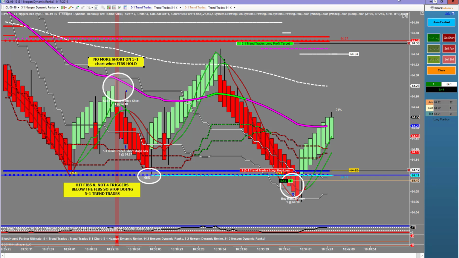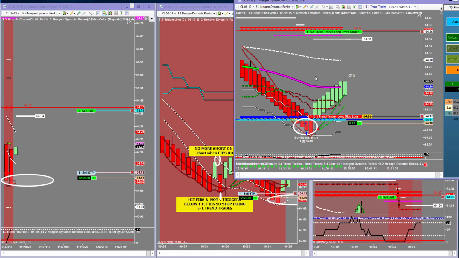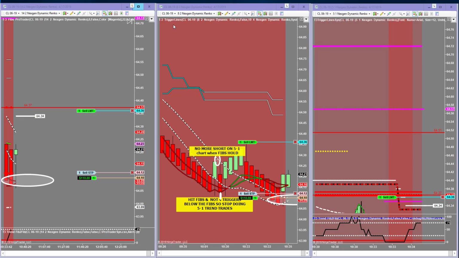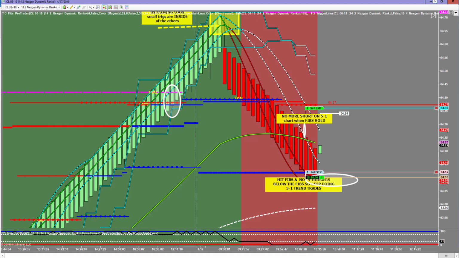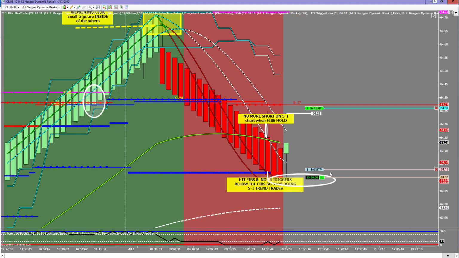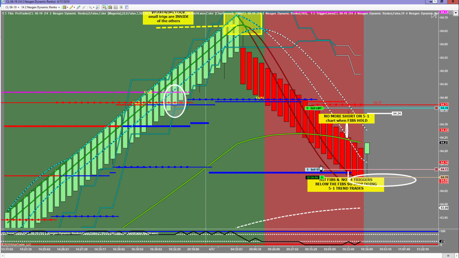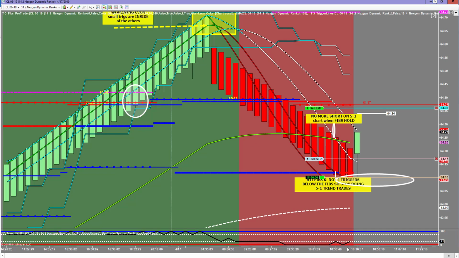And again, look, when we look at it on our normal charts, this is what it looks like. This thing's not going to allow me to mess with it. Knowing when to quit is more than half the battle.